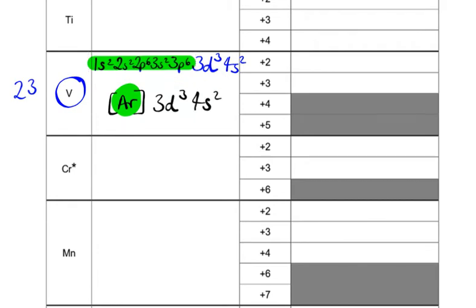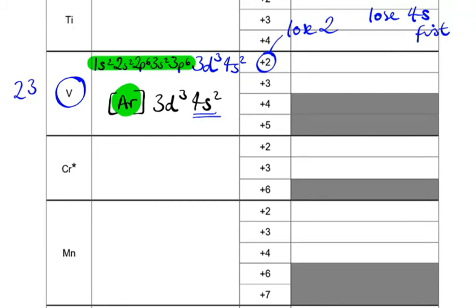Moving on to the ions, so for the 2+ ion, that means we want to lose 2 electrons, and the benefit of writing out the 3d before the 4s is it will remind us that we want to lose from the 4s first, which means for the 2+ ion, the electrons which go first are the 4s, and there's 2 electrons in the 4s.